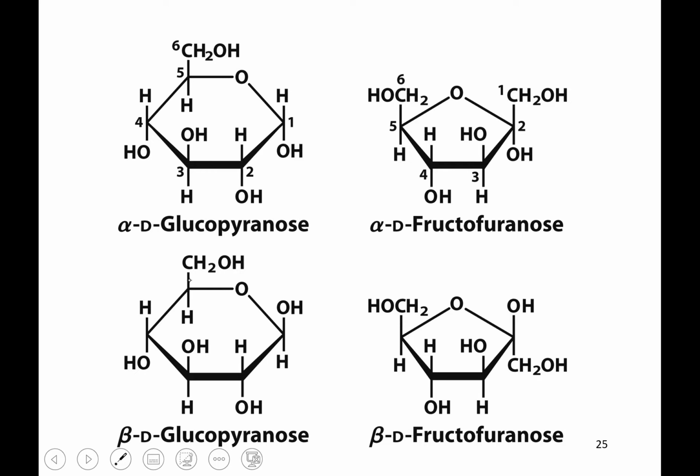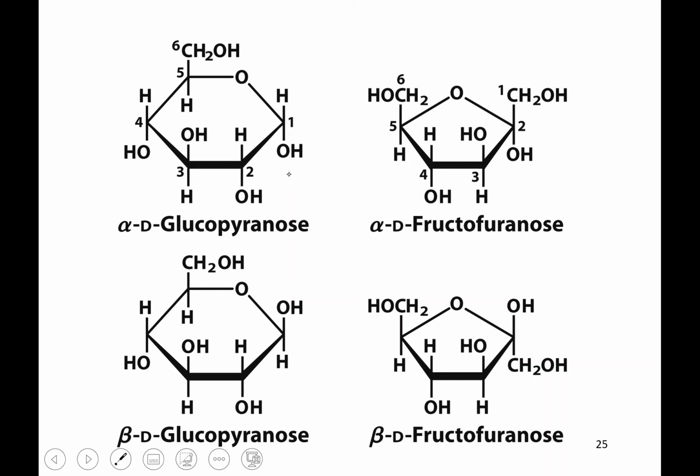Alpha D glucopyranose. Okay, there's a lot to unpack there. The first place we start is alpha. That means the anomeric carbon is in the alpha anomer, so we have CH2OH up and OH down. That's sort of quasi-trans, so that's the alpha anomer.